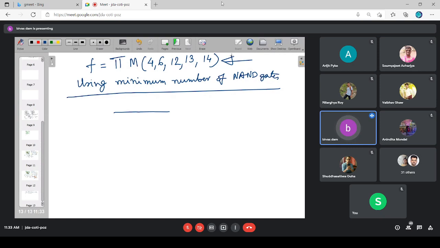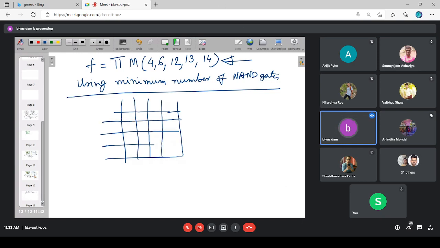Here also I can assume that my truth table has been converted into this product of max terms form, and from there I can go for the minimization. But as you are required to design the function using the minimum number of NAND gates, what are to be mapped, zeros or ones?